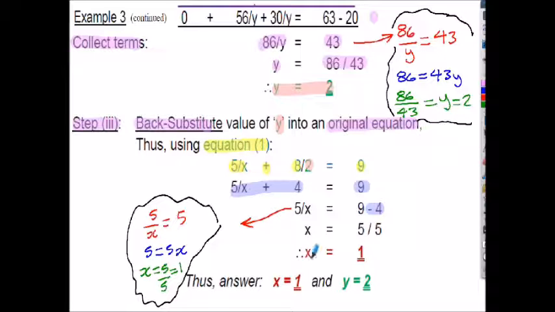So our final solution for x was x is equal to 1, and from above y is equal to 2. So that's a simultaneous equation in fraction form that we've solved using the elimination process. But again, you could use the substitution process in a similar way as shown in example 2.